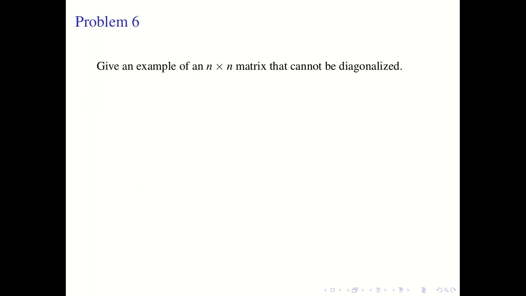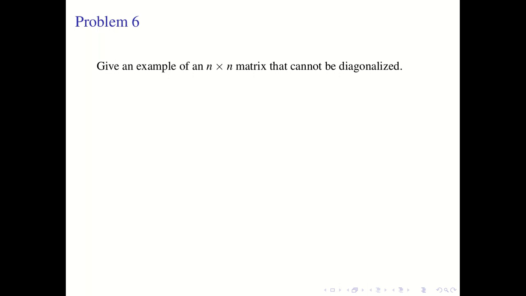Let us look at another problem. Give an example of an n by n matrix that cannot be diagonalized. So, how do you construct a matrix that cannot be diagonalized? Okay.